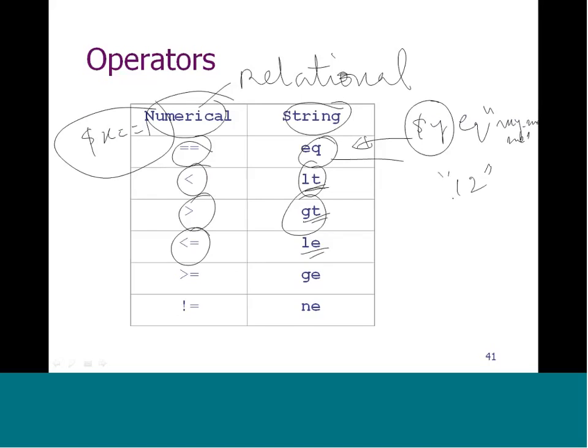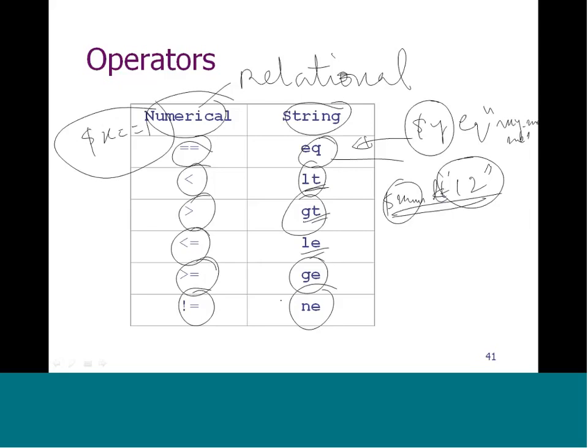If it is a string operator, then you would say if my $number lt '12'. Here you can again compare a number against a literal string as well. Same thing for greater than or equal to, and finally not equal to.